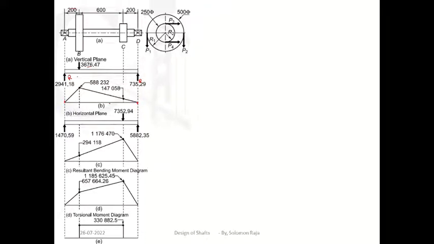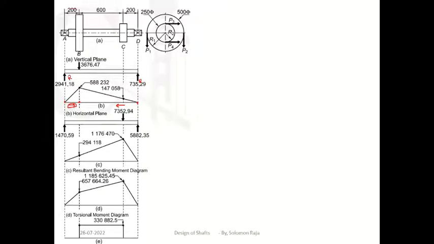Except points A and D, what is the one more point we have? We have point B, so we have to find the bending moment at point B. From either this side or this side, take any one side and see how many forces are acting.